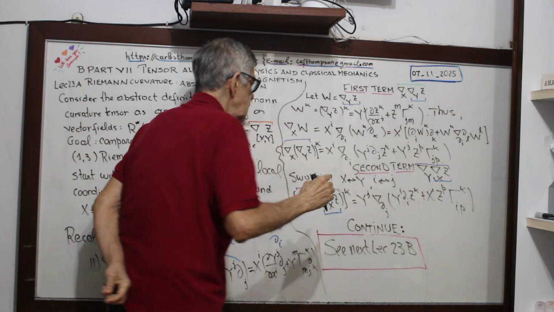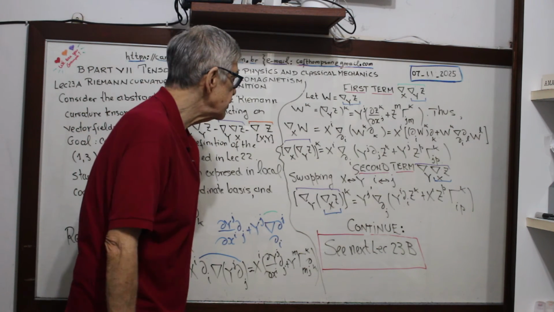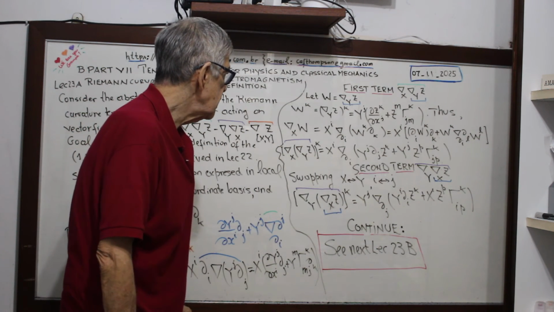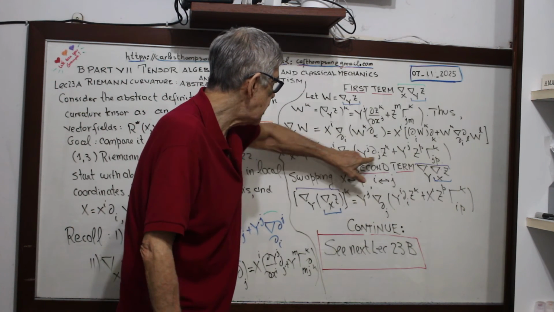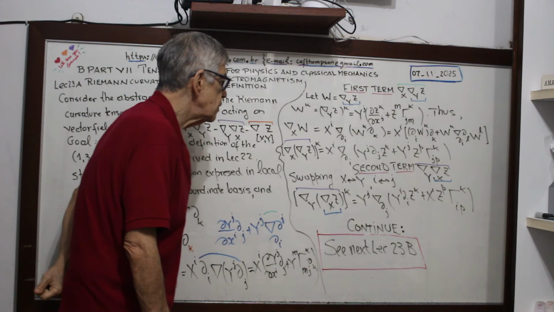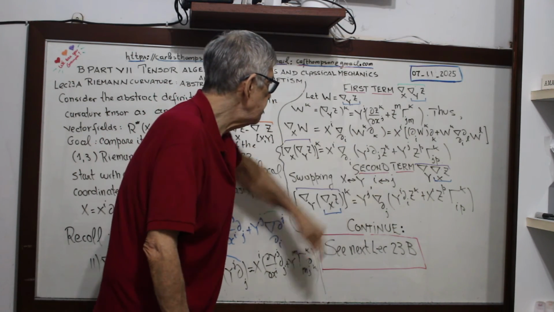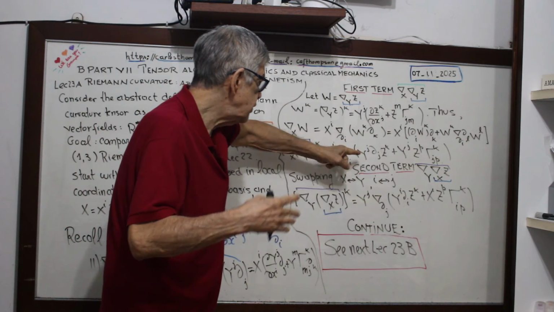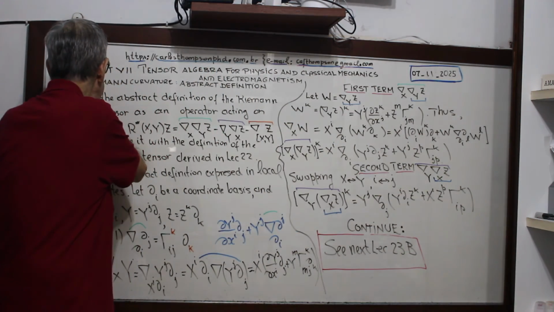Where W is, in this case, the covariant derivative of Y along Z. I said before, this corresponds to the second derivative. You can see clearly here the second derivative. This acts on this, in this case on the other one, which means the second derivative. So this term here, I will continue on lecture 23b.